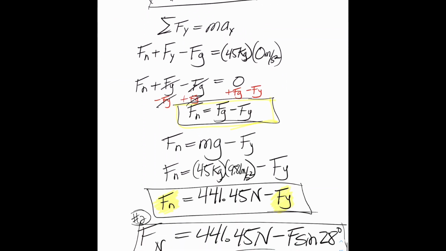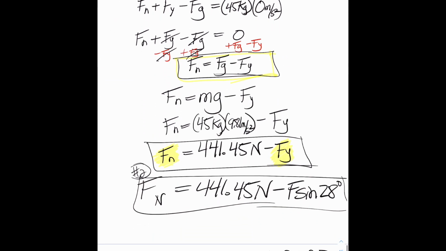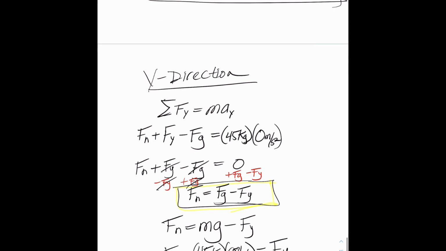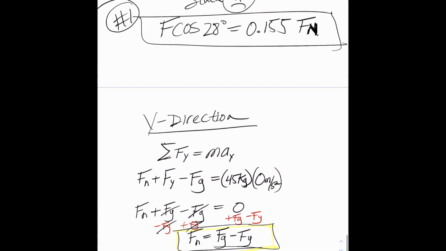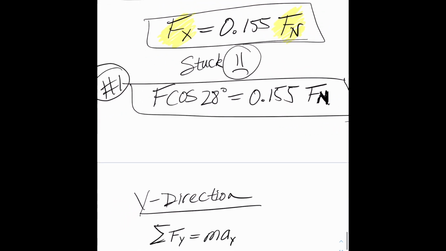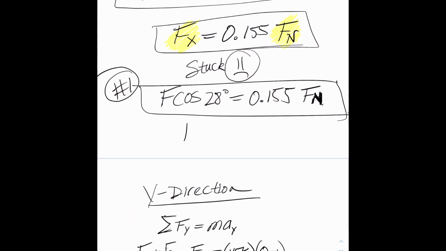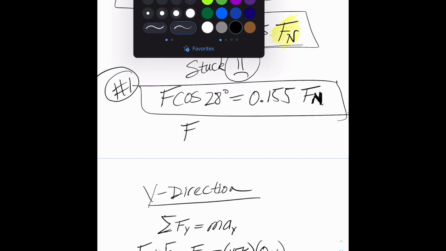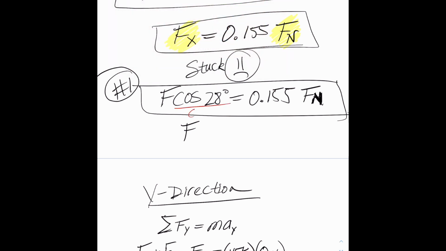So we need to solve for Fn. So I think by solving equation number 1 for F will be the best way forward. So we'll divide both sides here by cos 28. Kick that over there.